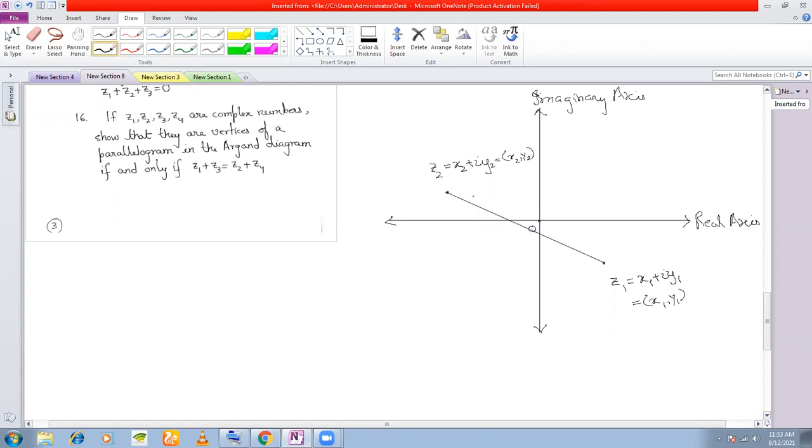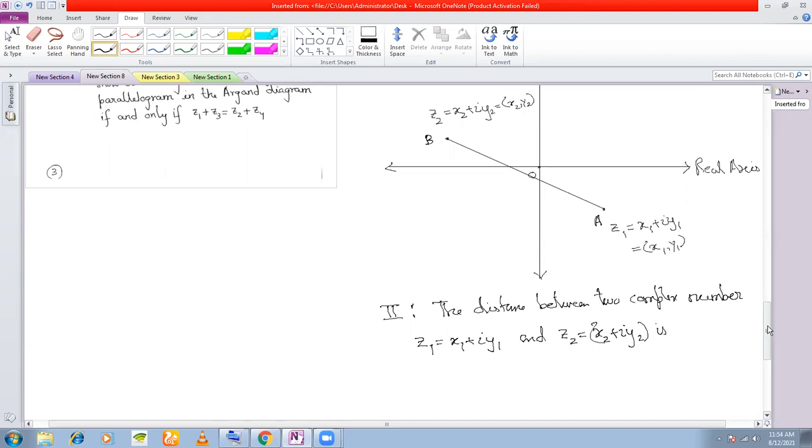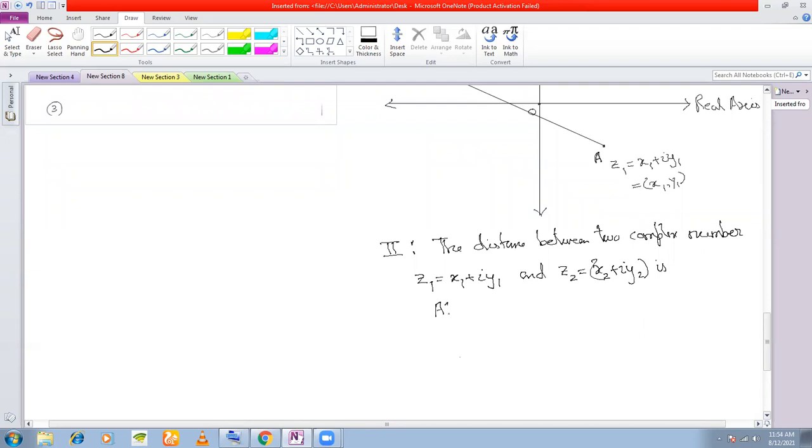If I join these two, say I call this point A and this point B, then the distance between the two complex numbers z1 and z2 is AB equal to |z2 − z1|.